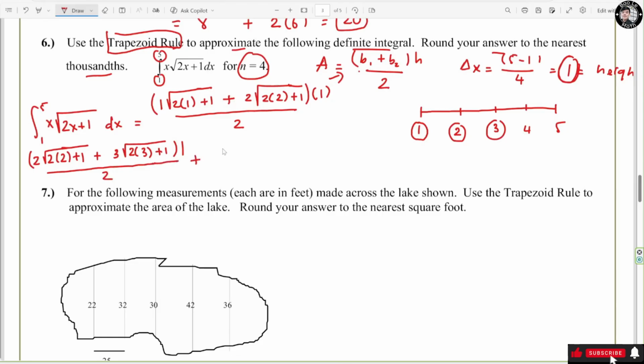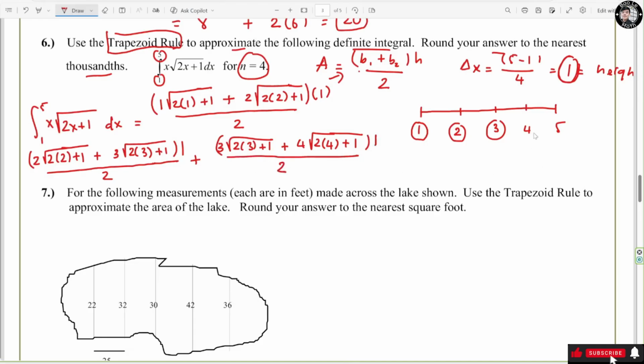So you have plus 3 times the square root of 2 times 3 plus 1, plus 4 times the square root of 2 times 4 plus 1, times the height, 1, divided by 2.